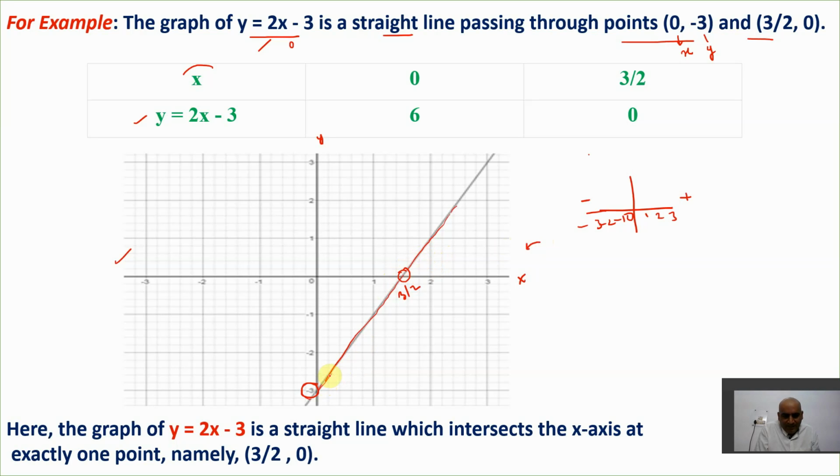Now here, this is a straight line, but it touches the x-axis at only one point, and this point is 3 by 2. It can be any point, depending upon the equation, right? But here it touches the x-axis at this particular point, 3 by 2. So the number of points touching the x-axis is 1.